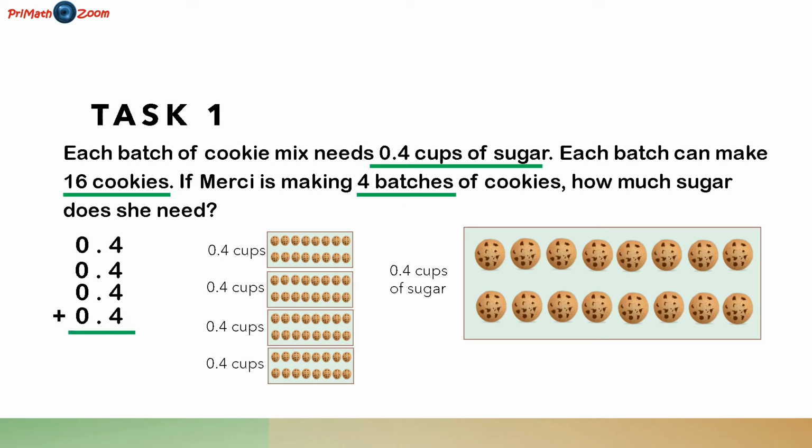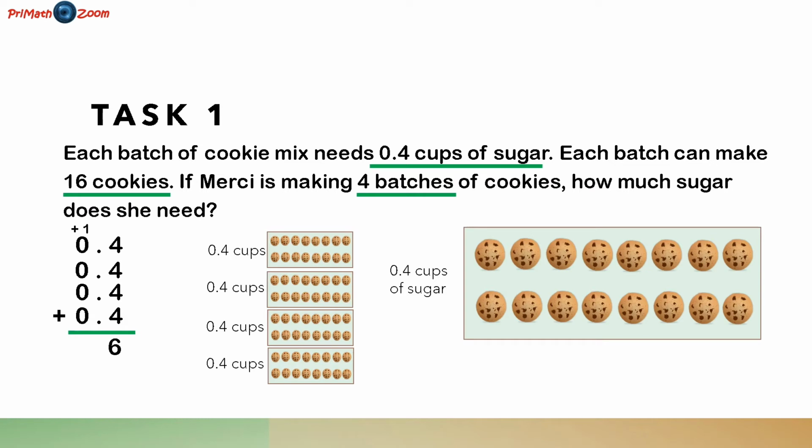So let's go 4 plus 4, 8 plus 4, 12 plus 4, 16. And remember, we cannot just write our 16 down, so we have to regroup. So we're going to put down our 6/10, and we're going to bring the 1 up here. So that 1 up here will be added to all the other numbers in the ones column.